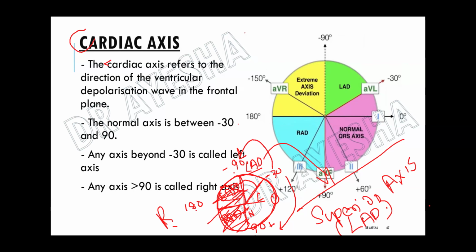Is that clear to everyone? So more than 90 is called right axis. Beyond -30 to -90 is called left axis. And from -30 to +90 is your normal axis. Is that clear? Any question?